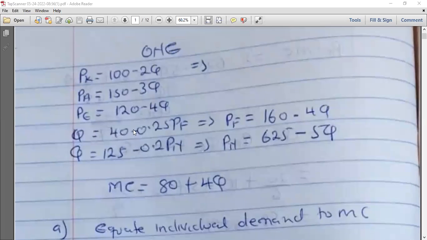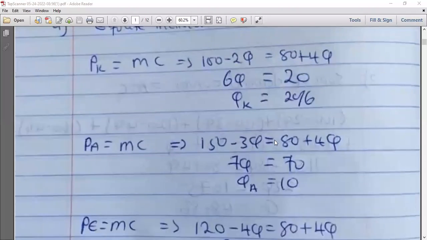So for the last two, from here, you have to make PF the subject. So send the minus 0.25 to the left-hand side, bring Q to the right-hand side. You divide through by 0.25. So we'll get PF to be 160 minus 4Q, and then PN to be 625 minus 5Q.